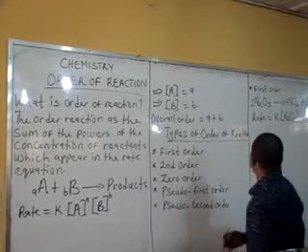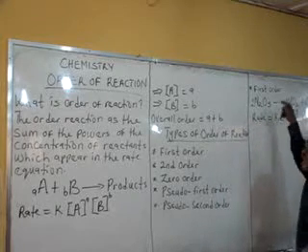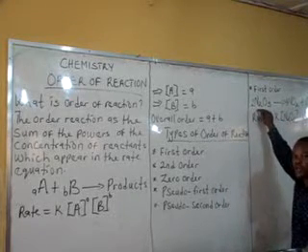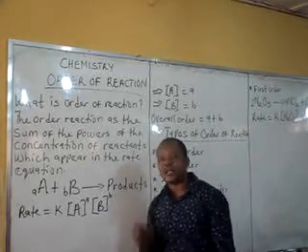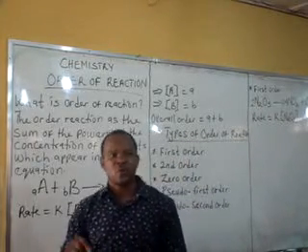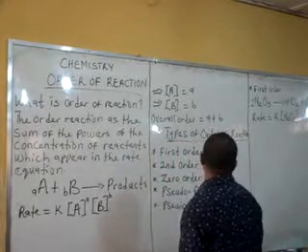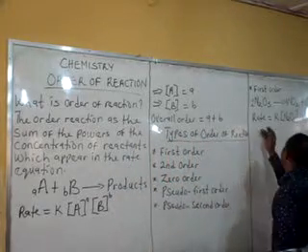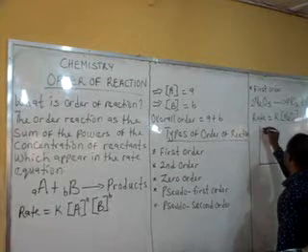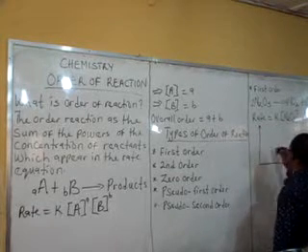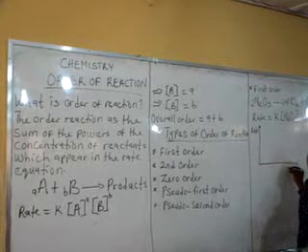That simply means that the rate of this reaction depends on the concentration of the reactant. Whenever you have the rate of reaction depending on the concentration of the reactant, what you have is first order reaction. Now, the graph to show this, you have your rate and then your concentration.